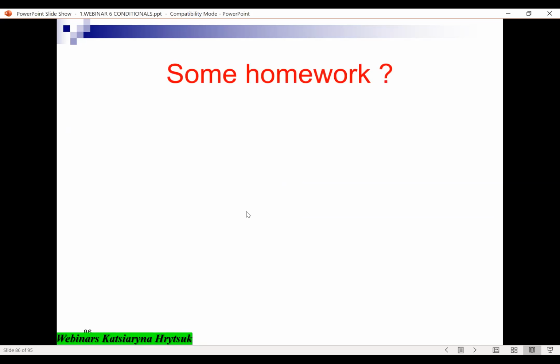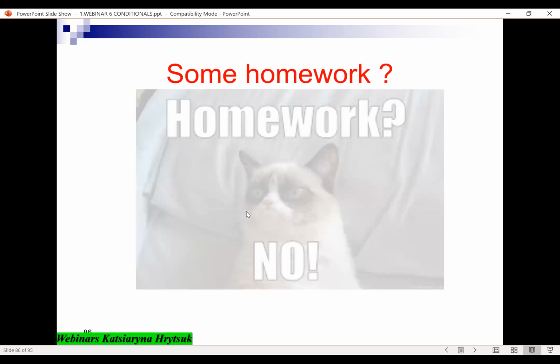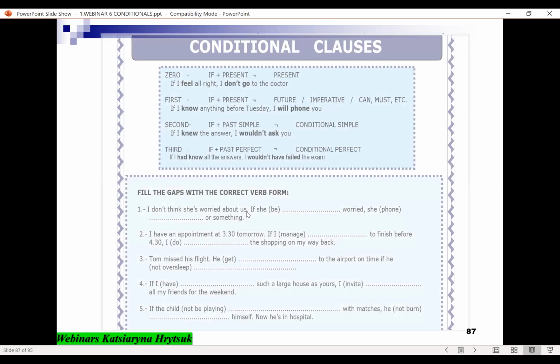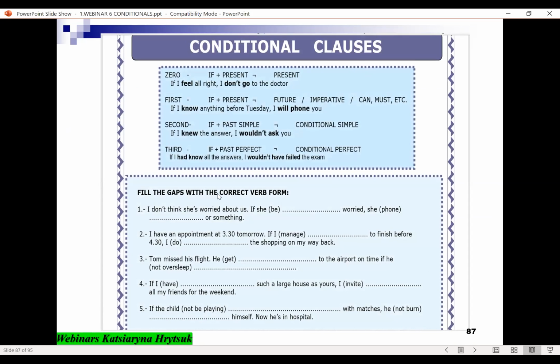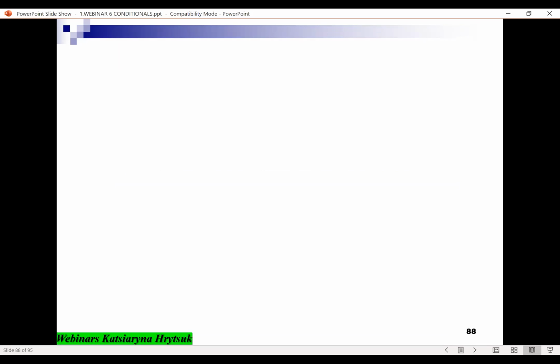And some homework for you, my dear. Yes, homework. You need to do, first, fill the gaps with the correct verb form. Here you will see different conditionals, 0, first, second, third, all of them together. You have the beginning of the sentence where you will understand what conditional should be applied.